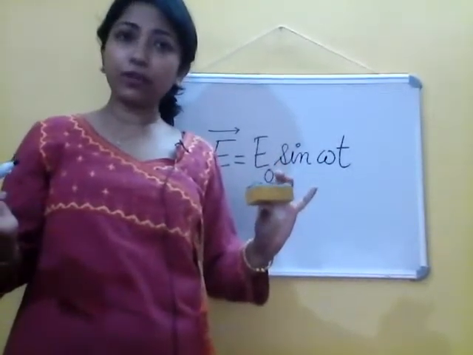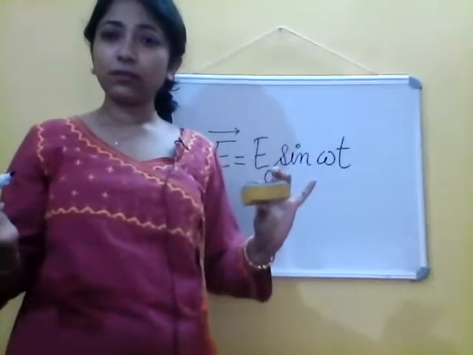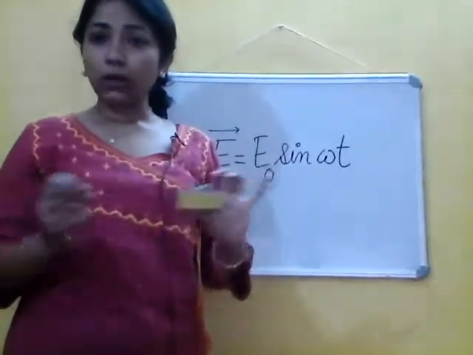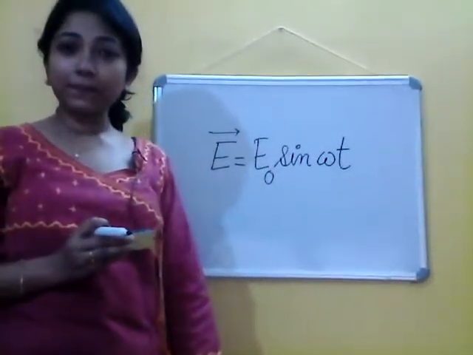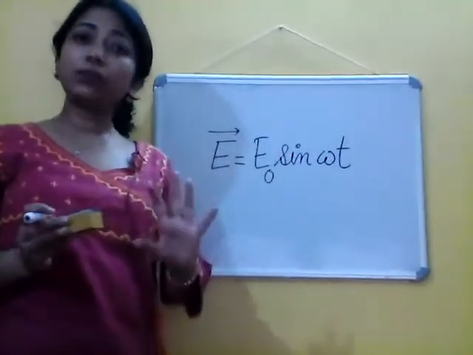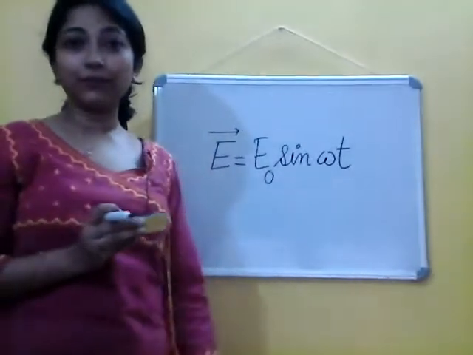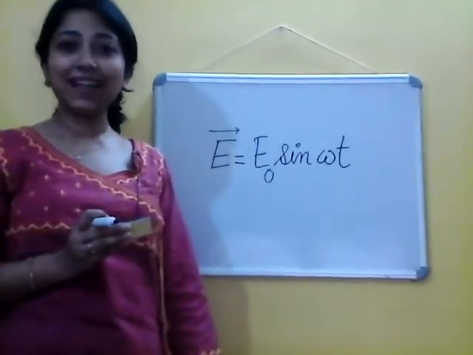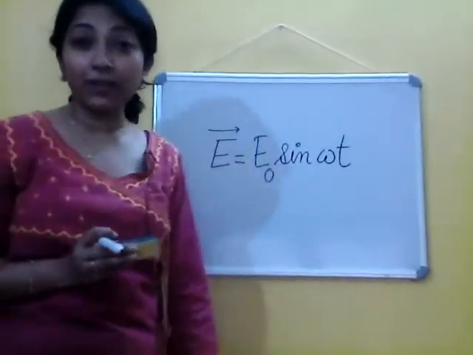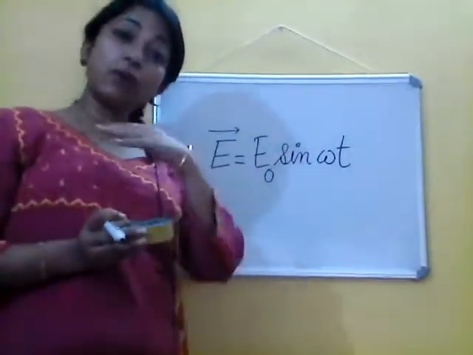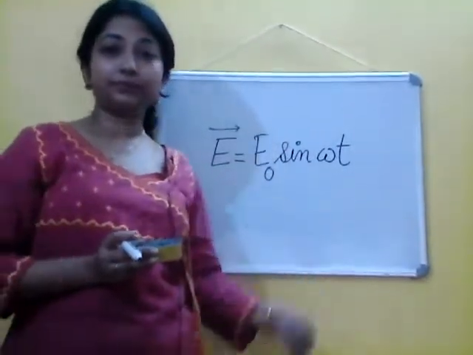Why not? If you send me your question a little more elaborately, we will discuss it. Let us not take the class even longer. It is already 44 minutes. So now let us move forward.